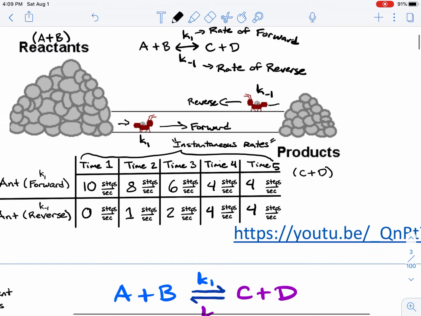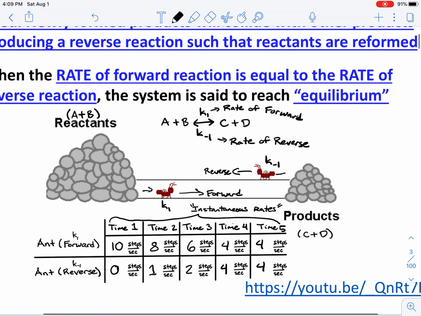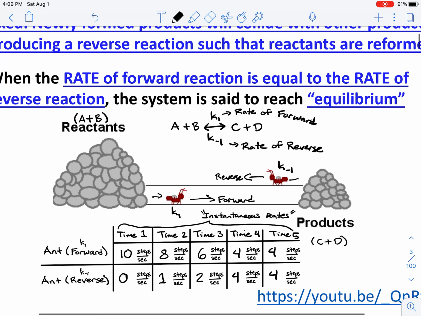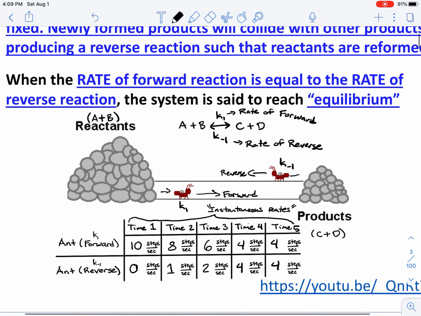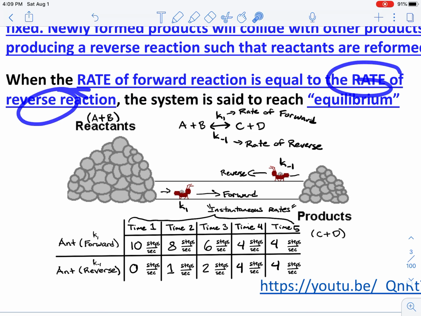And so according to the definition of equilibrium, if we take this analogy and we think back to a chemical reaction, when the rate of the forward reaction is equal to the rate of the reverse reaction, the chemical system is said to be at equilibrium.